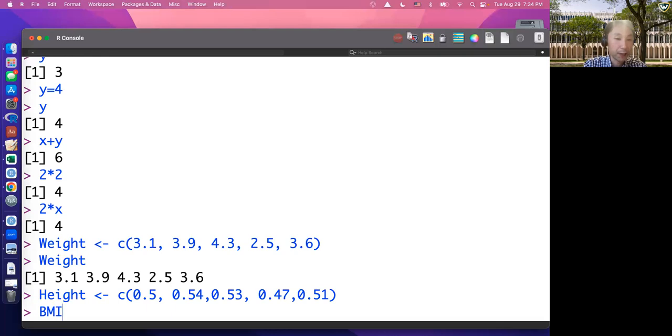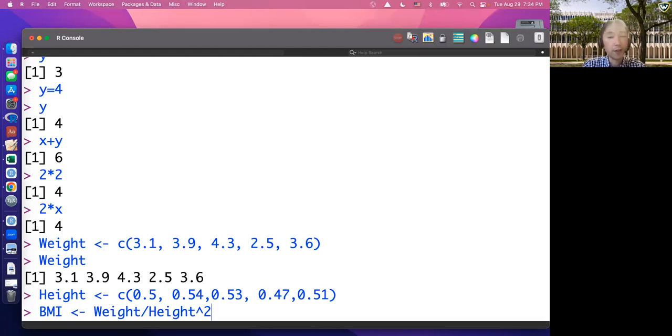And if we want to calculate the body mass index, it is weight divided by height square. So based on body mass index, we can judge whether those babies are overweight or obese or something like that.